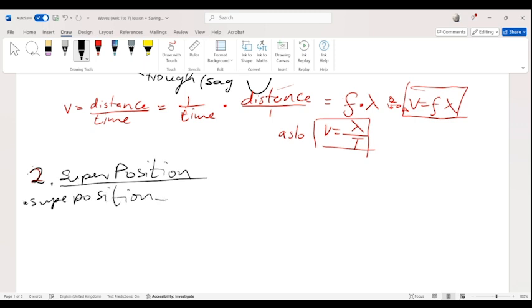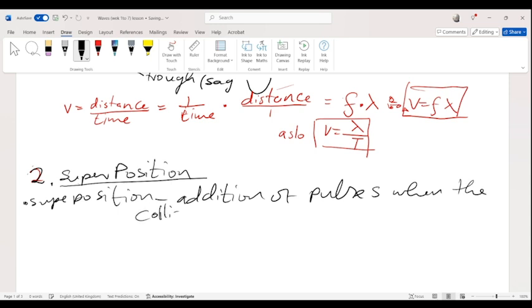It is the addition. It is a vector addition of pulses when they collide. It's also called interference.